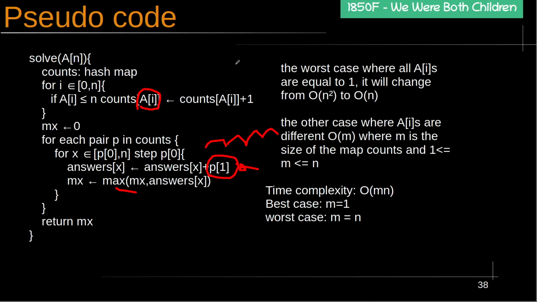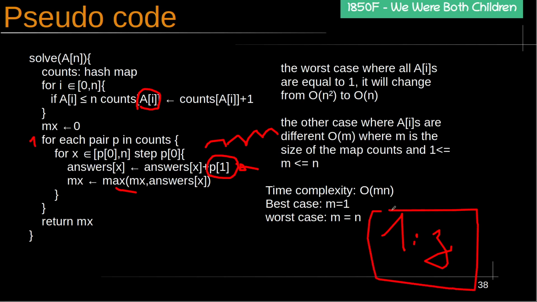But in this implementation, it changes to linear, because we computed the number of 1s. We have, for example, z 1s, so we add z to 1. Here we have one iteration because we have one element in that map, and we go from 1 to n step by 1. So we have linearity.